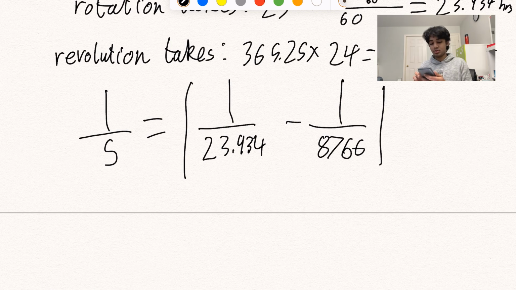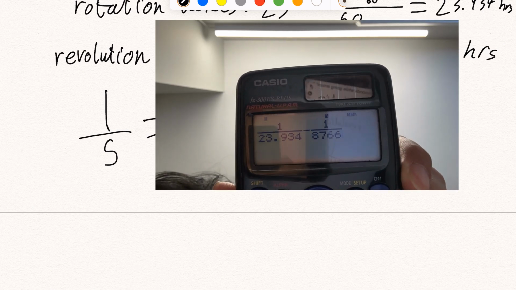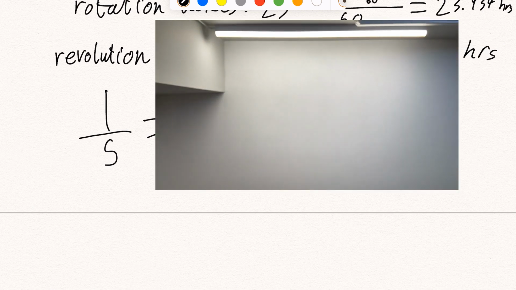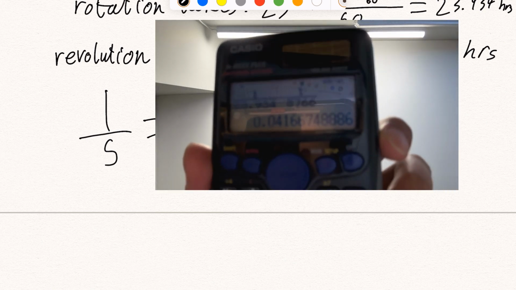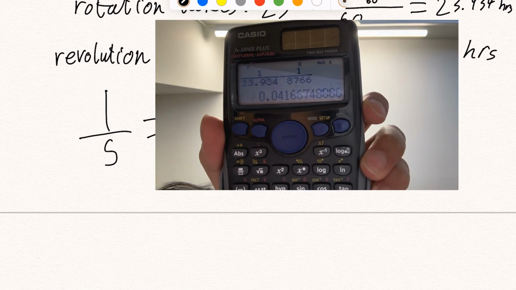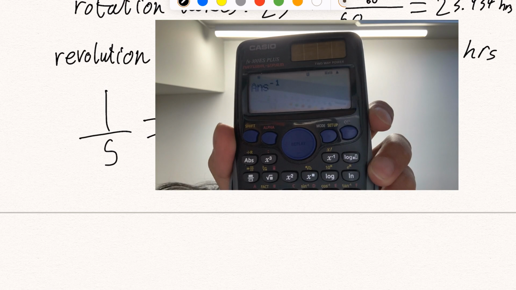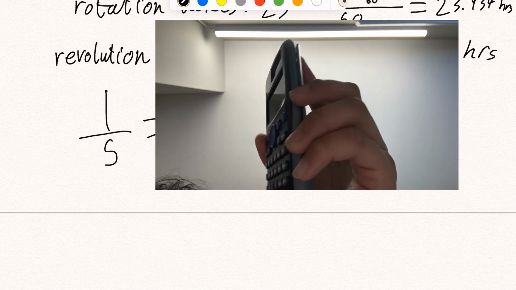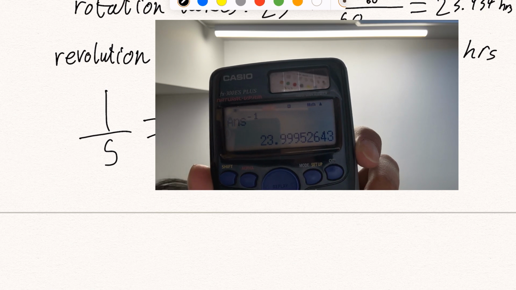And this might be a little tricky to do on a calculator, so let me just show you what I'm writing. My first step is to subtract the two fractions. Next, once I get my answer, there's a button over here that can inverse it. So once I inverse my answer, I'm going to press enter. This is my final answer.